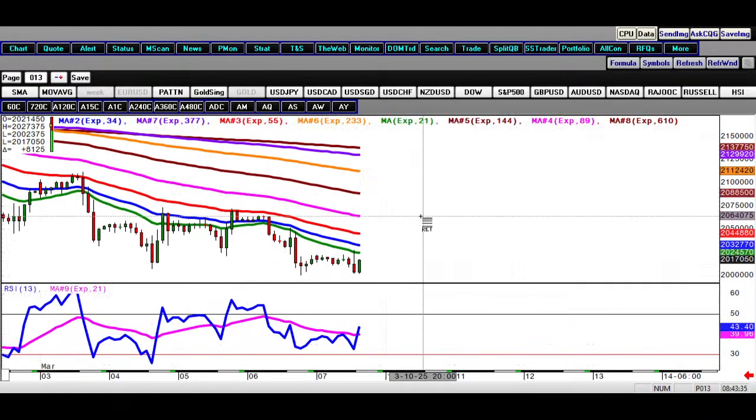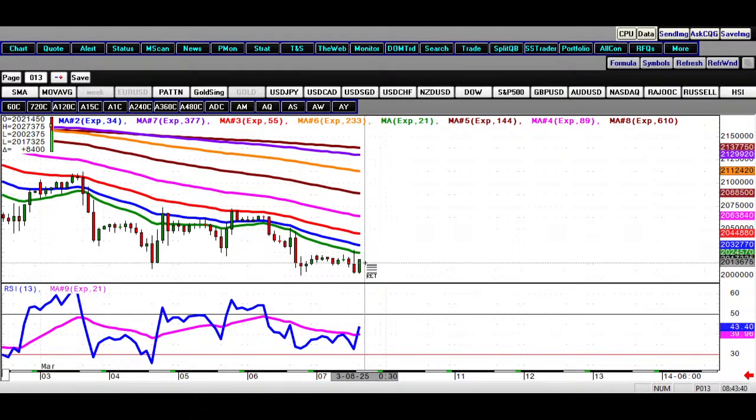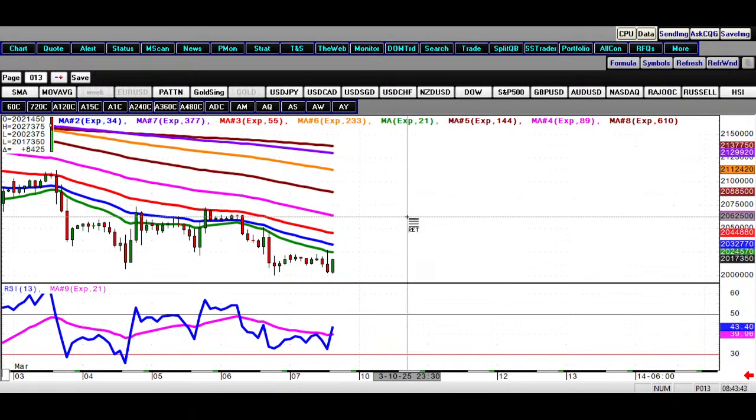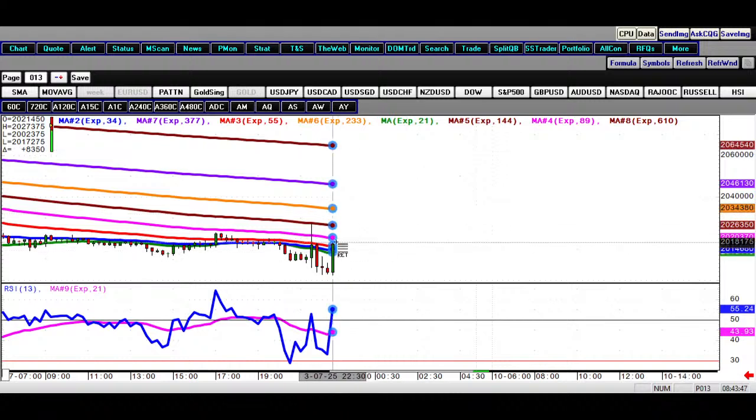Okay, so I think the strength can go further up. I told you the next resistance is 205 and 250.